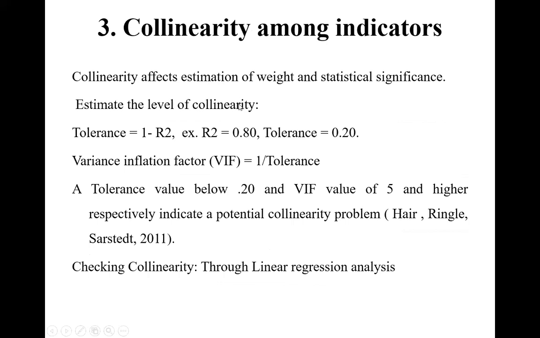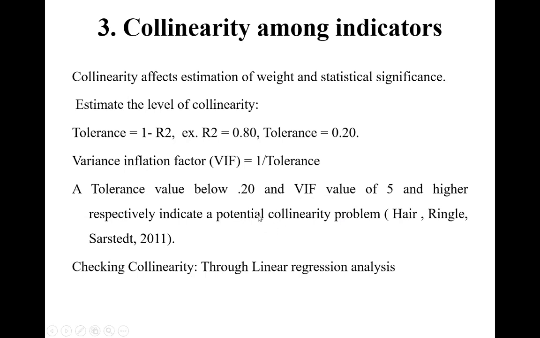There should not be a collinearity issue between the two constructs, या मल्टीकोलिनिएरिटी का इशू नहीं होना चाहिए. उसकी रेंज बताया how to check it. So through tolerance and VIF we can check it. If tolerance value is below 0.2 and VIF value of 5 and higher, it indicates a potential collinearity. ठीक है, so how will we check?